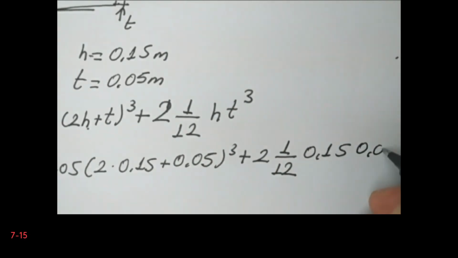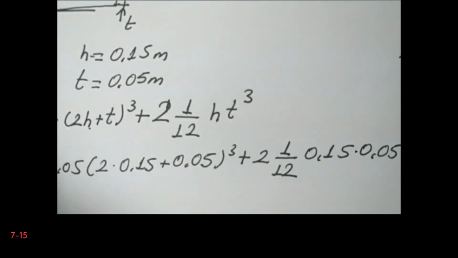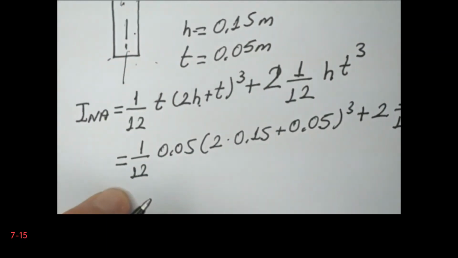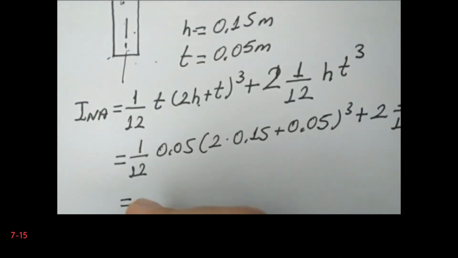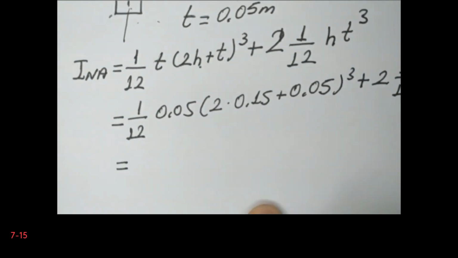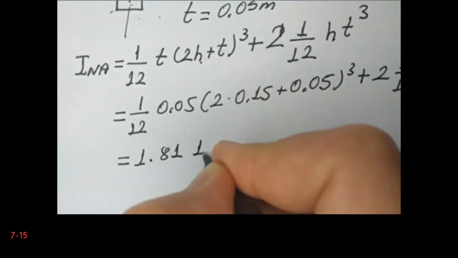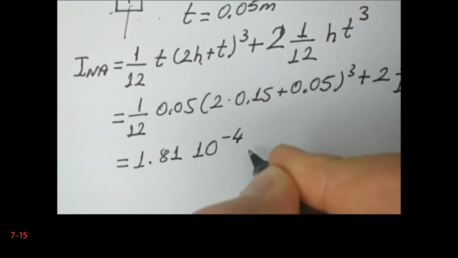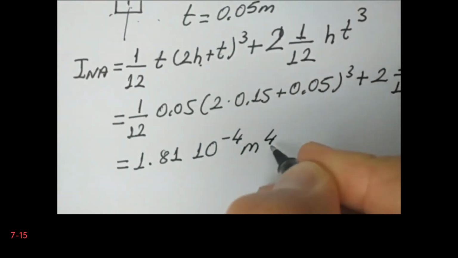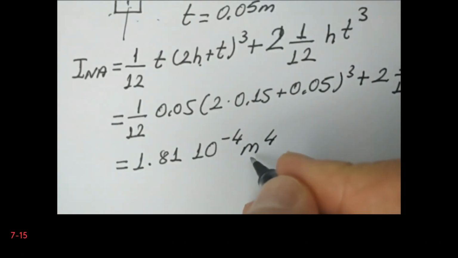And the result is 1.81 times 10 to the power minus 4 meter to the power 4. Okay, now this is our moment of inertia. Now we need to calculate the moment of the area.